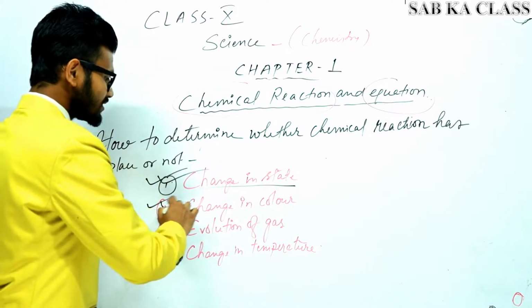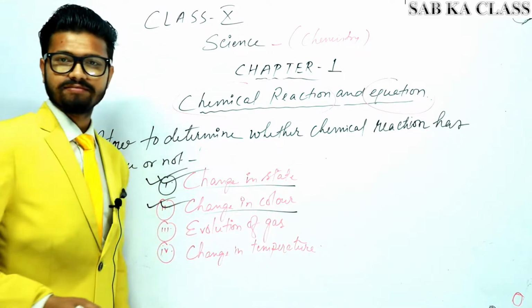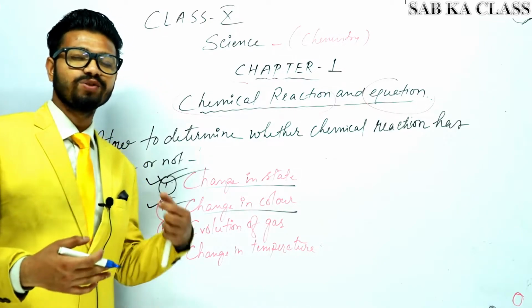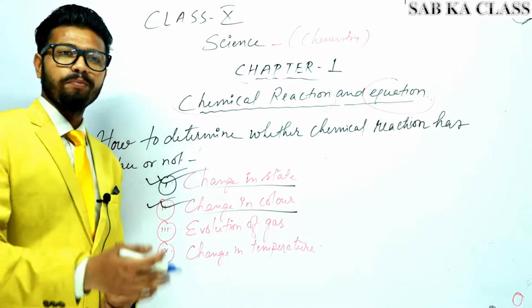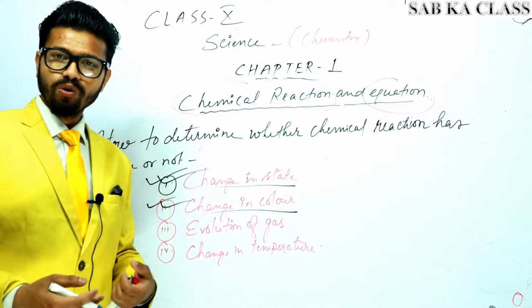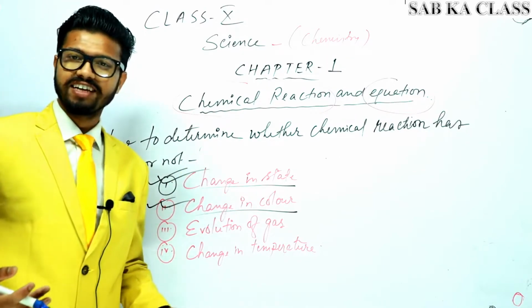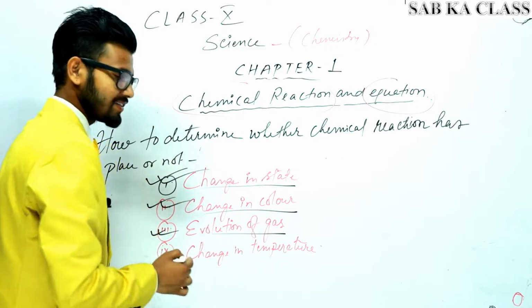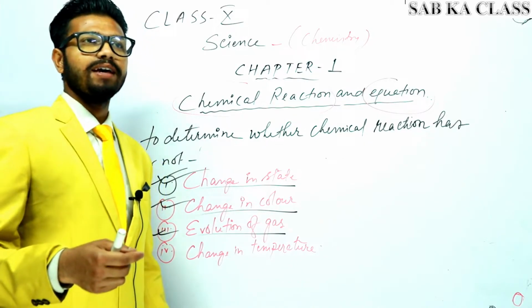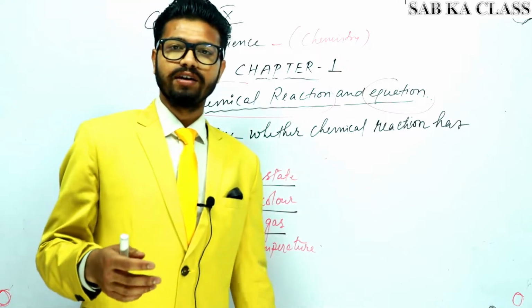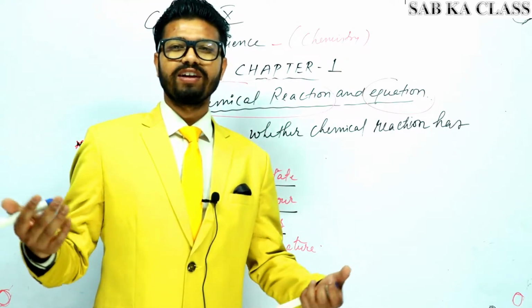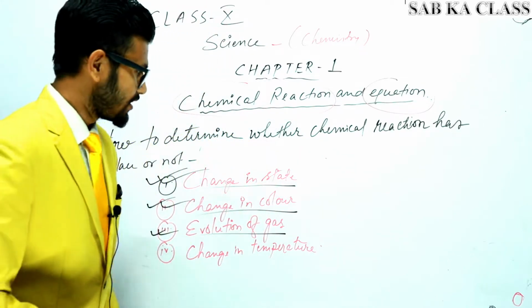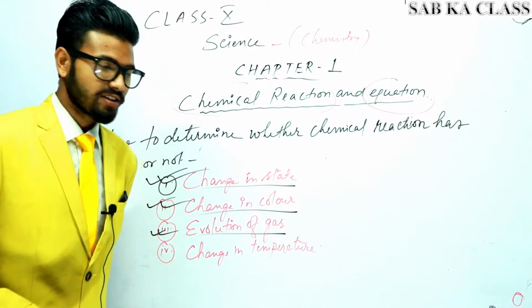Or if you can see a change in color, after boiling, if the color changed from white to pink, pink to blue, definitely the reaction is taking place. Or if you see any evolution of gas, suppose after the reaction lots of hydrogen gas or carbon dioxide gas comes out, you can definitely say that a chemical reaction has occurred.